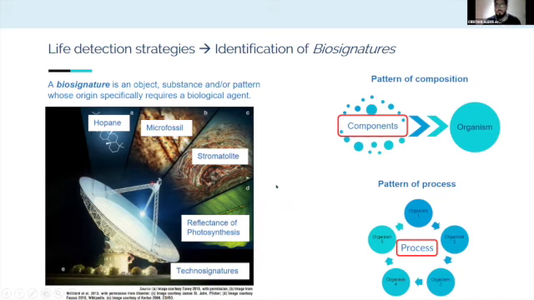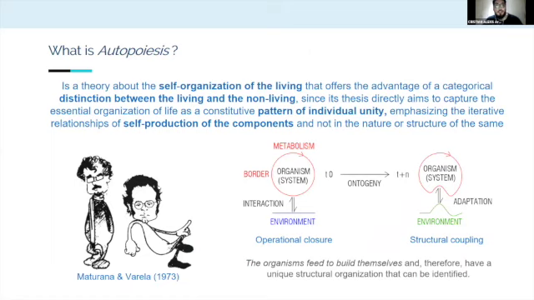All these signatures could be grouped in two clusters. First, patterns related to composition, where the key are the components, and the second, patterns related to process. However, I think that there exists a third pattern called the autopoietic pattern. But what is autopoiesis?